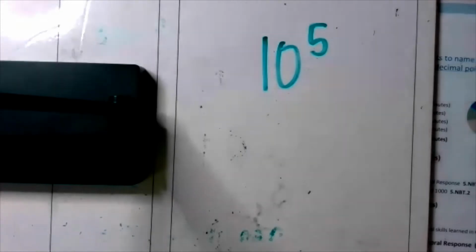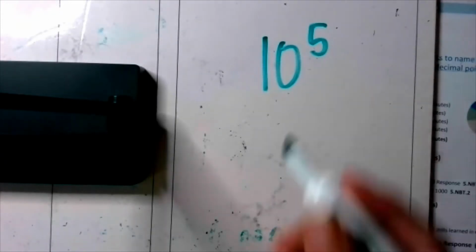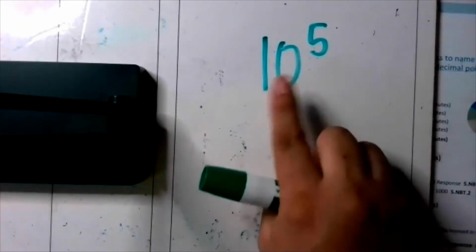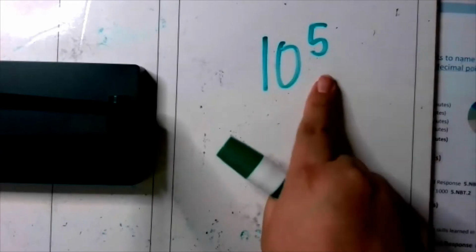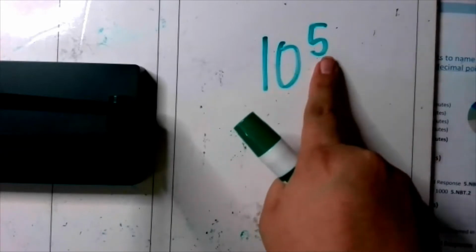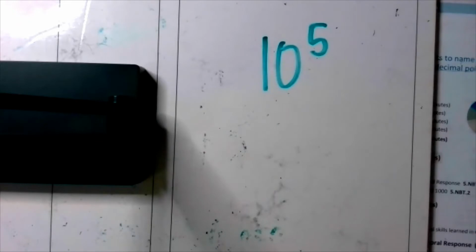All right, everybody, so let's go ahead and continue with our math problem. So I have an exponent here, 10 with an exponent. Now I am going to go ahead and write this into standard form.